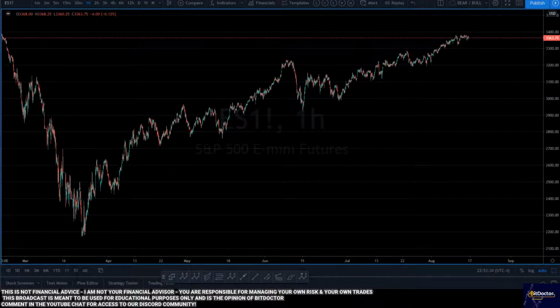All right, so we're looking at the S&P 500 E-mini futures, ticker ES1, and I've got just a blank chart here. What I want to focus on as I'm looking at this chart, and this is meant to be an Elliott Wave analysis, I'm going to first start to look for corrections, and there's a couple really clear corrections that we can see here on the chart.